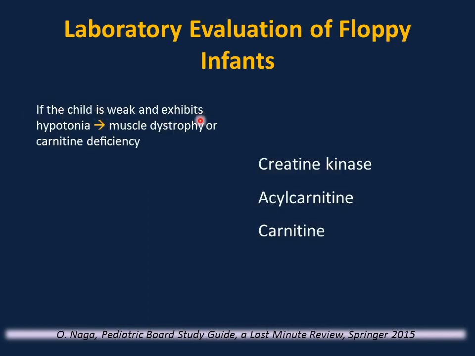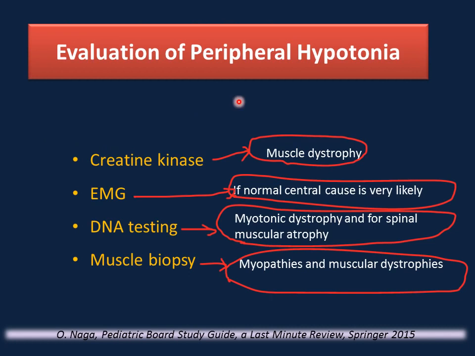If the child is weak and exhibits hypotonia and the weakness is peripheral, consider muscular dystrophy or carnitine deficiency. CK will be extremely elevated, in the thousands, like in Duchenne muscular dystrophy. Acylcarnitine or carnitine level is checked in carnitine deficiency. Further evaluation of peripheral hypotonia: creatine kinase, as we mentioned, will be elevated in the thousands in muscular dystrophy, for example Duchenne.